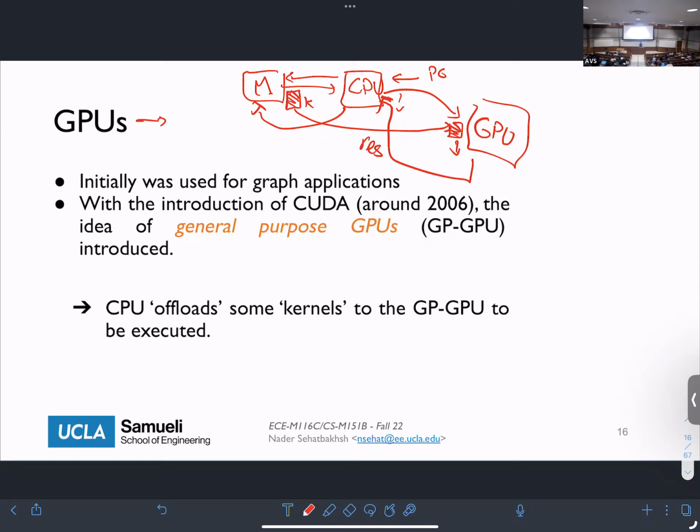You can even write programs that are normally used on a CPU and upload them to a GPU, if you will. It's just more complicated and sometimes less efficient. Typically, the applications that will benefit a lot from GPUs are those applications that have lots of data and lots of DLP opportunities. All right? Any questions?